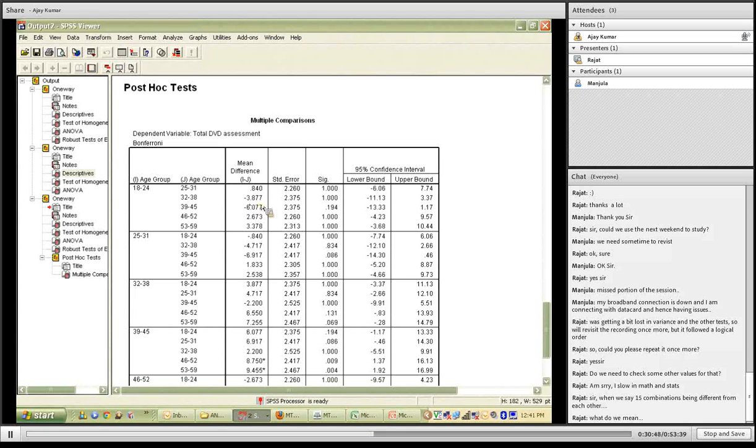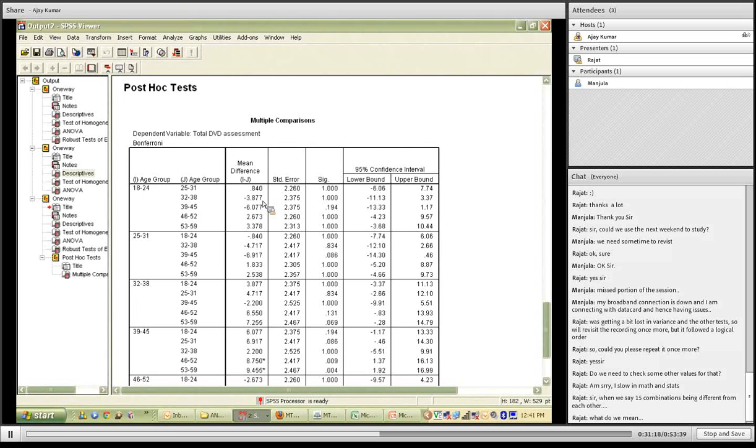The minus does not matter here because it is I minus J. Whatever the mean for 18 to 24 was, it was subtracted from this. So that gives you the minus. The minus only tells you that the people in the age group of 32 to 38 gave more score to the prototype and were found to like it a little bit more than this age group. Alright, so this was the mean difference.